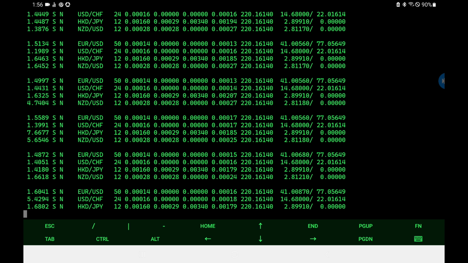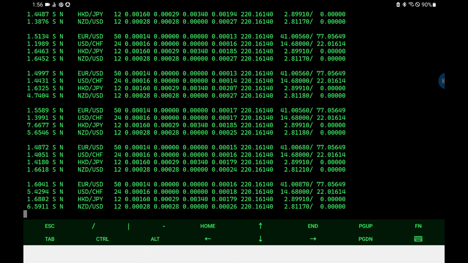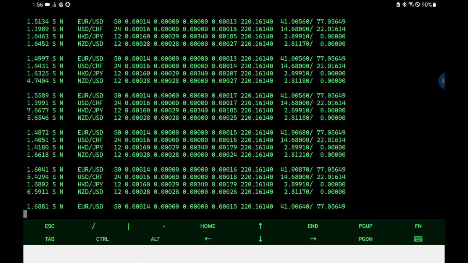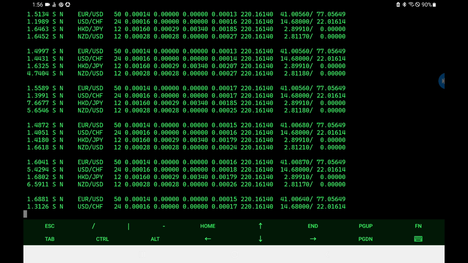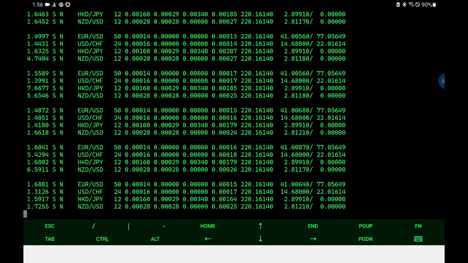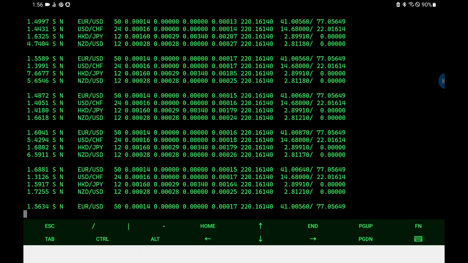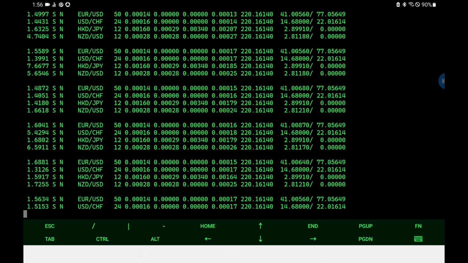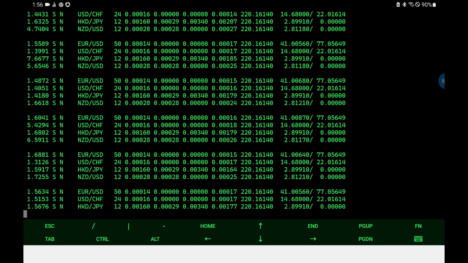So I went from $72 of margin to $77 of margin just because of that cluster sell-off. And as you can see right now for the Euro USD, I have $77 of margin with $41 used.